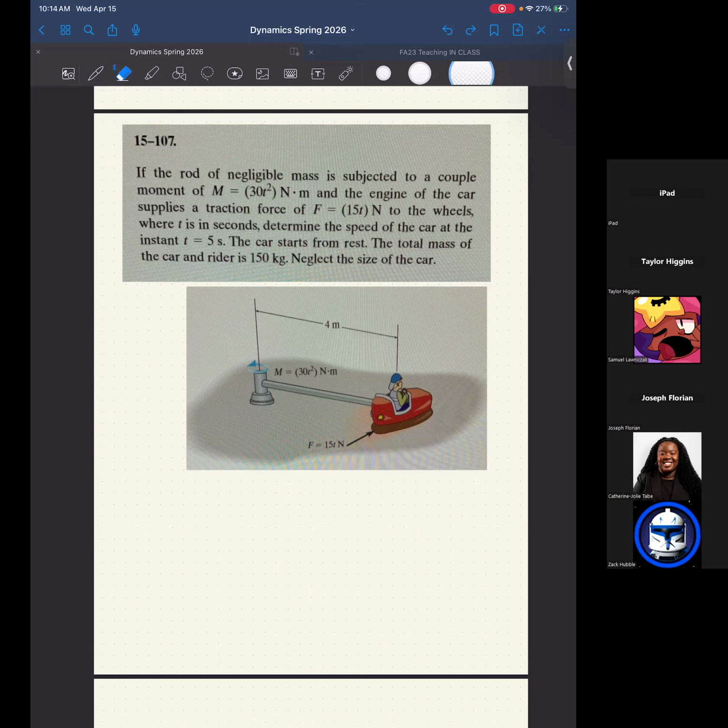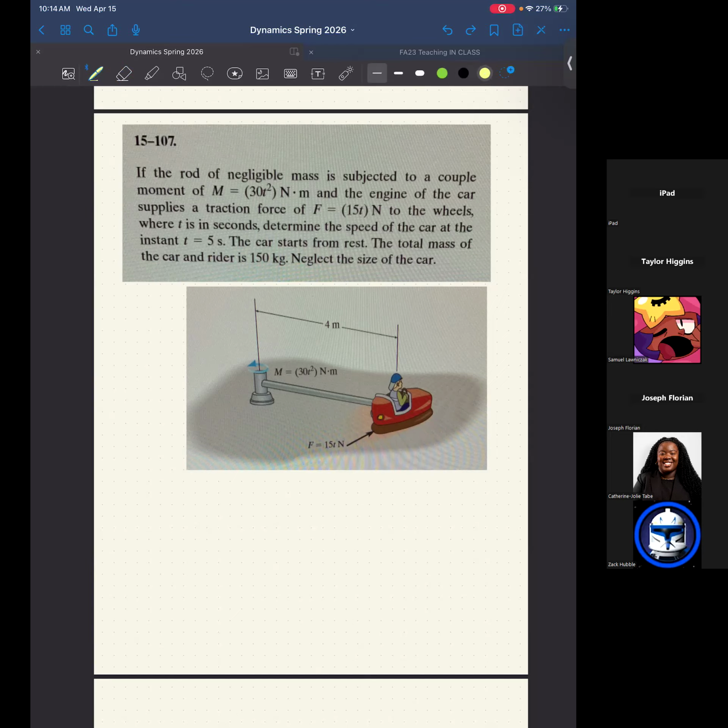The moment is being applied as well as a force on the car. Yes. Yep. It's a positive moment, right? Depends on how you set your coordinate system.